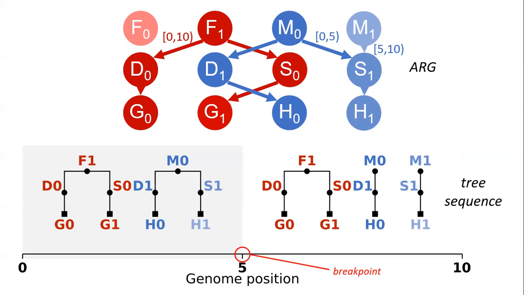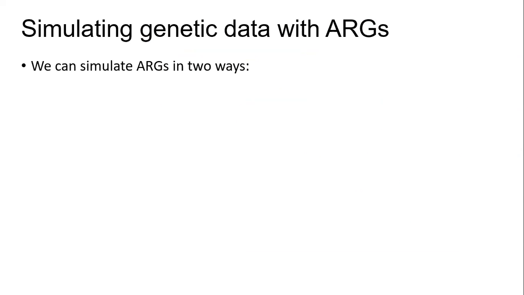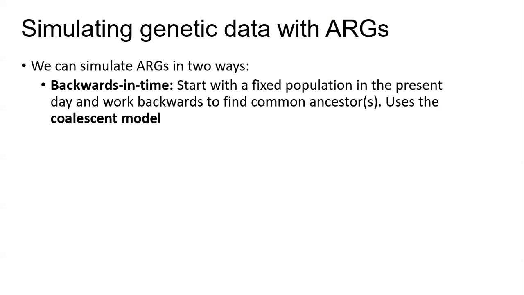So I firstly wanted to talk about how we can use this to simulate data from scratch. If we want to just generate a bunch of genomes, there are two main ways we can do it. The first way is called backwards in time. With that, we choose a number of individuals, and we choose a genome size. We then simulate backwards in time, finding common ancestors for different genomes.